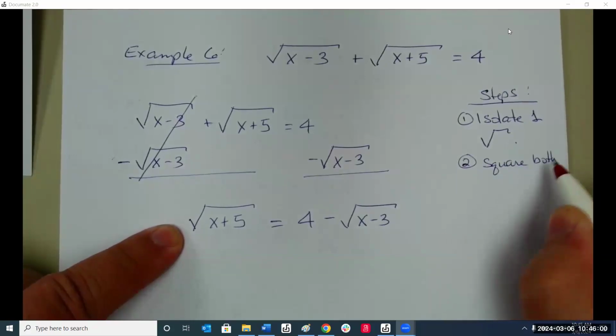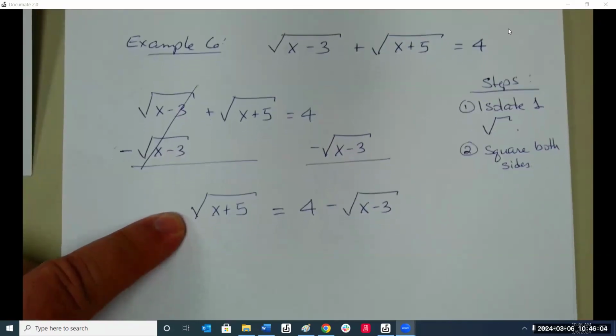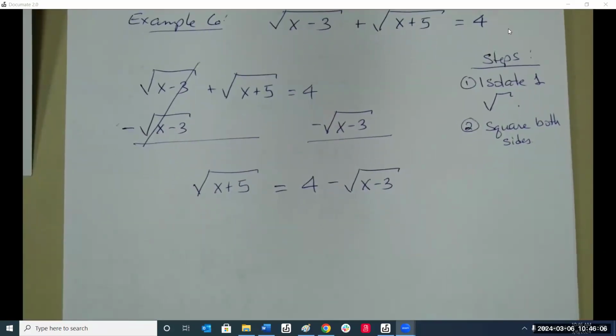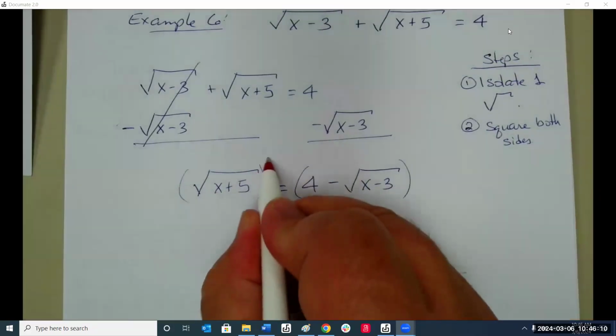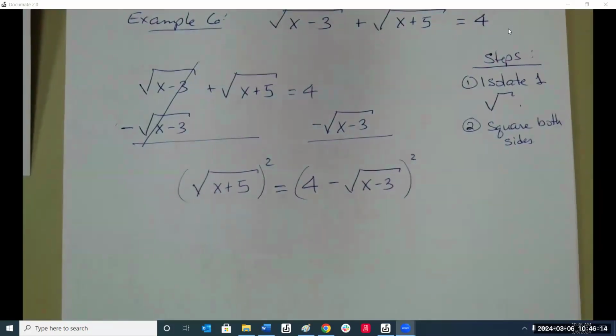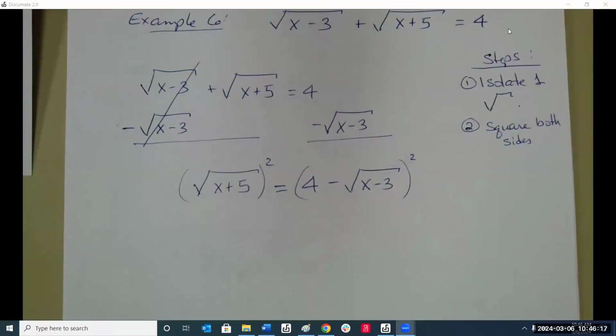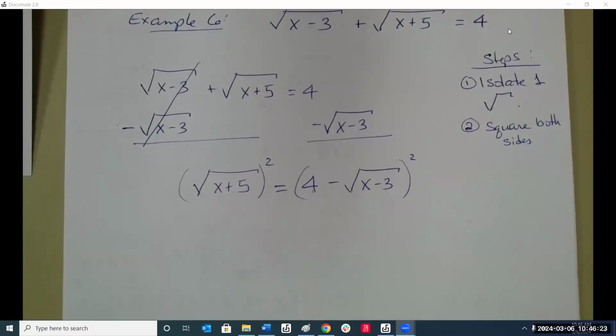Square both sides. Remember, it helps if you put parentheses around them because you're squaring. You don't square both of these separately. This is one expression. You have to square them together.